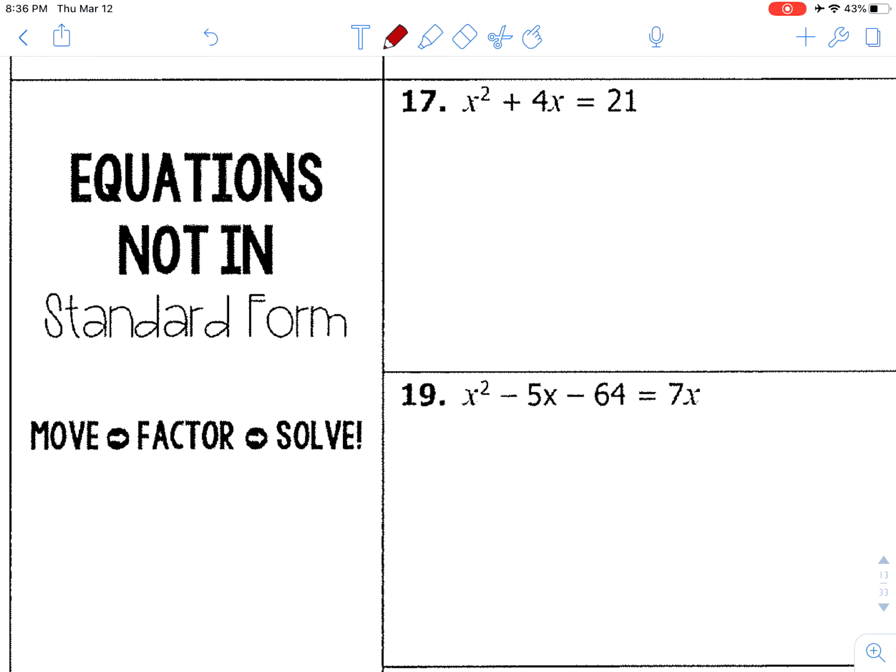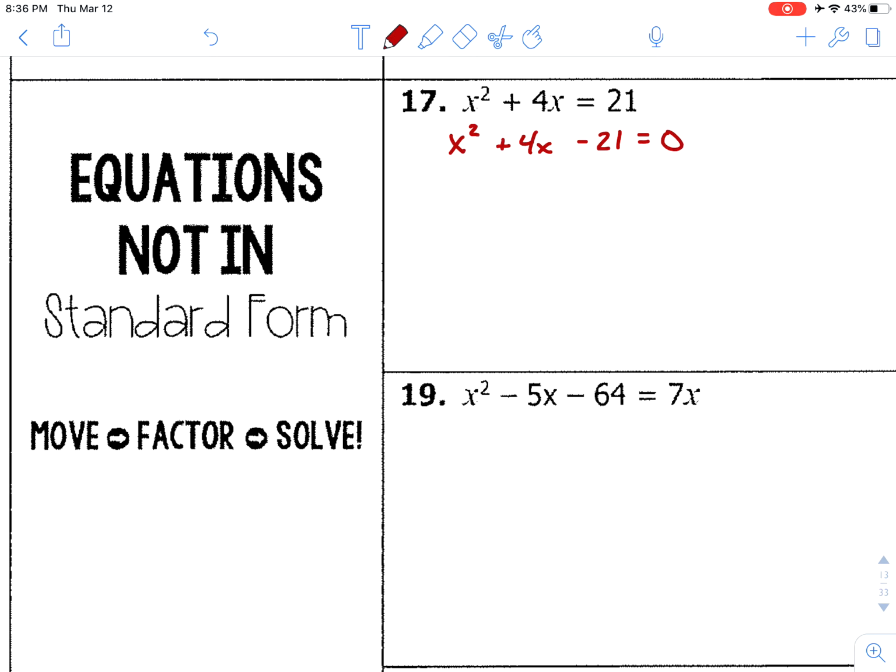And technically there's an infinite number of ways that I can multiply two numbers together if I were to factor that and get a result of 21. Okay, so this needs to be set equal to 0 before I actually attempt to factor and solve the equation. All right, so I'm going to subtract that 21 over. I'm going to have x squared plus 4x minus 21 equal to 0.